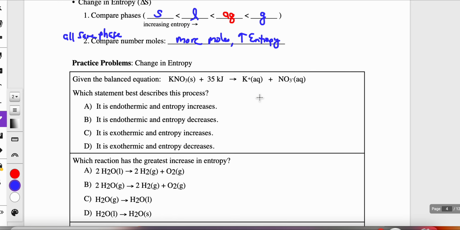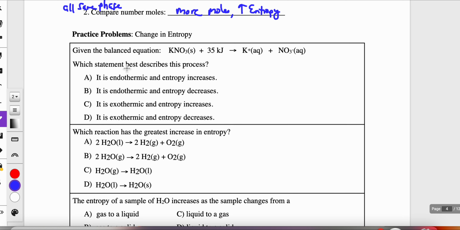So let's take a look at a couple practice problems. You are given a balanced equation. Which statement is true? Notice that the first half is either endothermic or exothermic, and the other half is about the entropy. So I'm going to first look at the entropy. I notice that I start off as a solid and end up with aqueous.